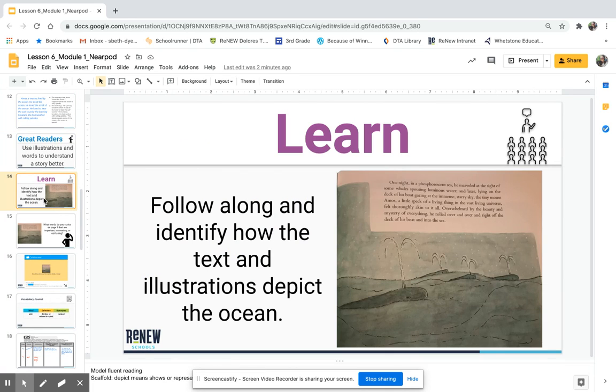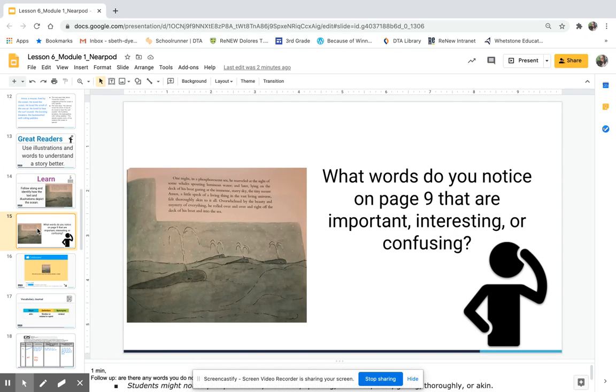Then we looked at the picture and the words on page 9. After I reread page 9, I asked you to think about what words you notice on page 9 that are important, interesting, or confusing. Some words that you picked out and posted on our Collaborate board were phosphorescent, marveled, luminous, immense, akin, gazing, overwhelmed.